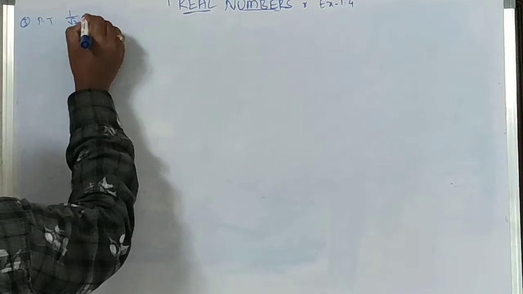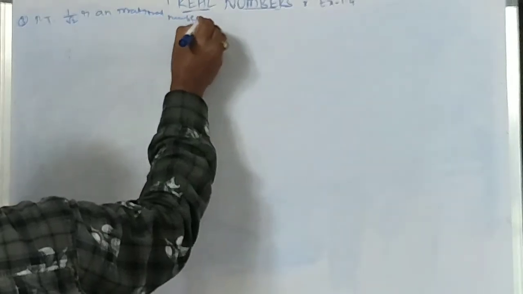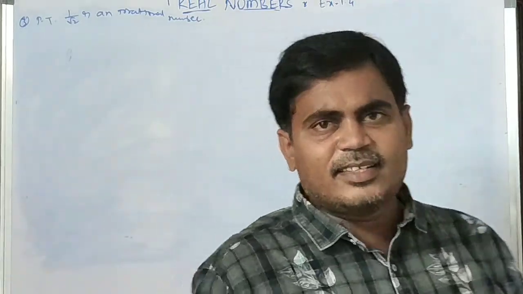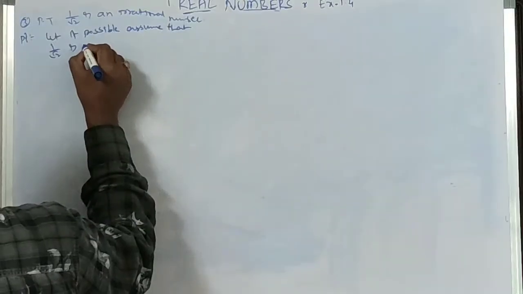Prove that 1 by root 2 is an irrational number. Solution: similar to the previous, let us consider this is also a rational number. Proof: if possible, assume that 1 by root 2 is a rational number.